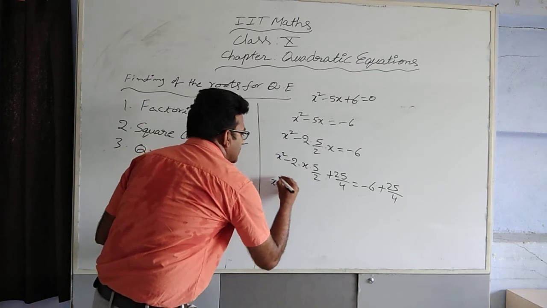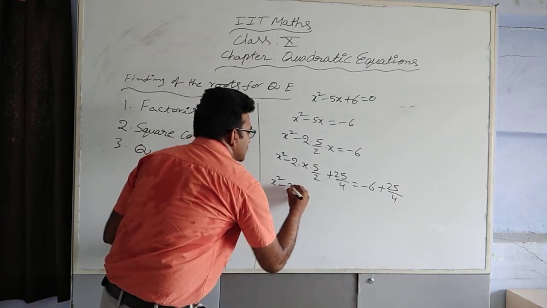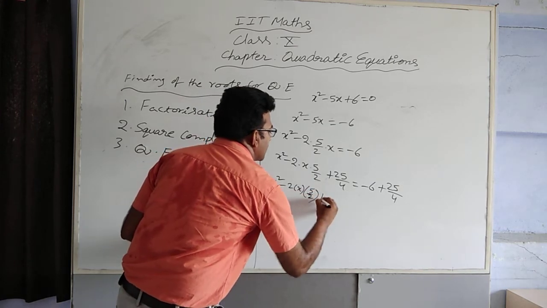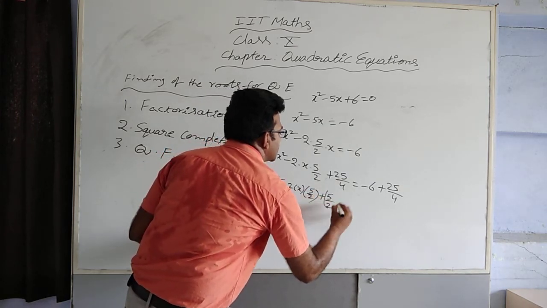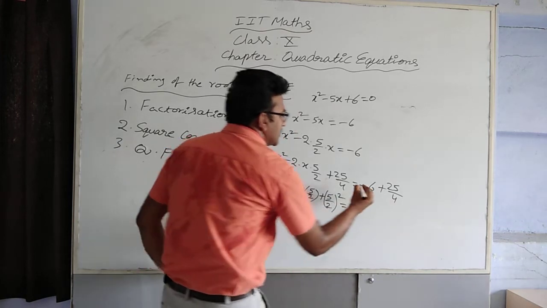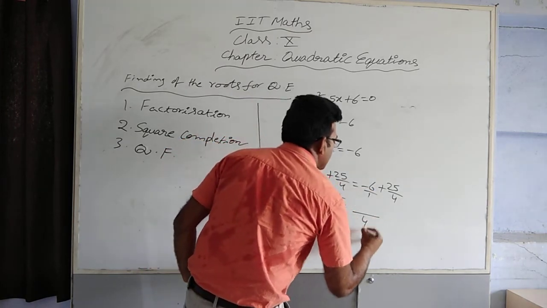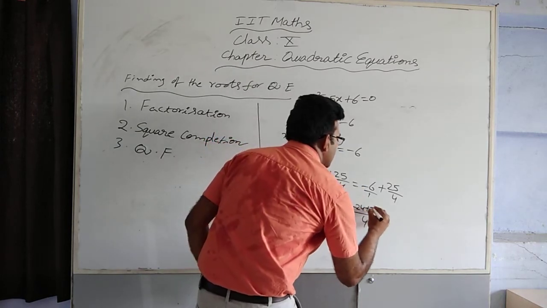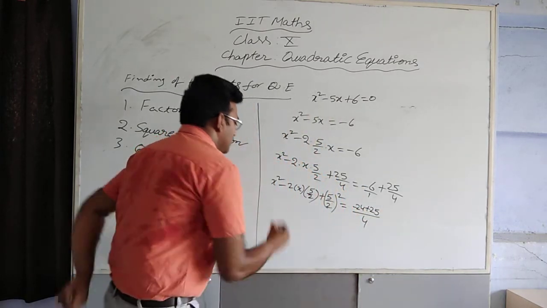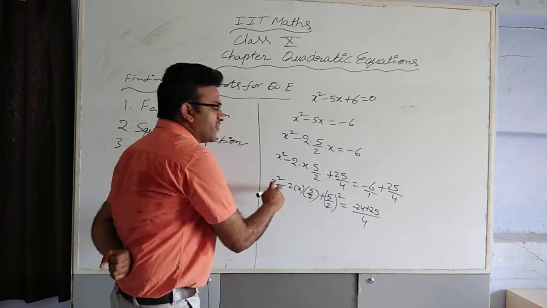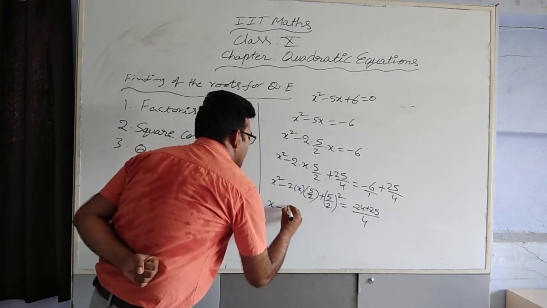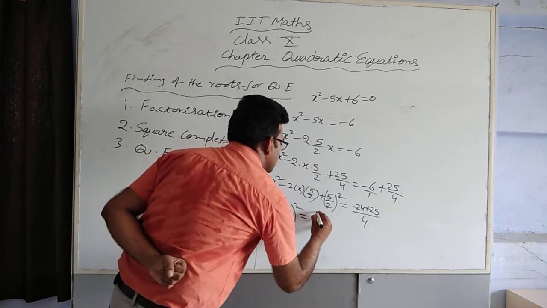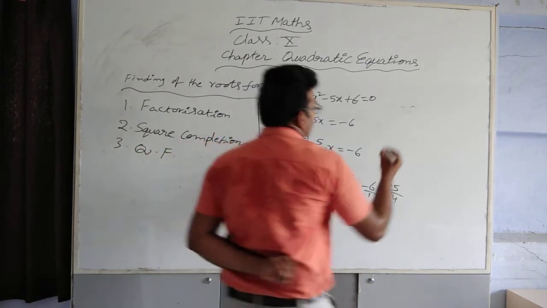So finally x square minus 2 into x into 5 by 2 plus (5 by 2) whole square equal to, see what the LCM is: 4. 4 into minus 6 is minus 24, minus 24 plus 25. So finally it is in the form of (a minus b) whole square, that means (x minus 5 by 2) whole square is equal to 1 by 4.